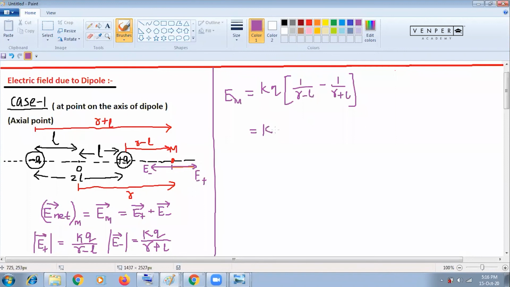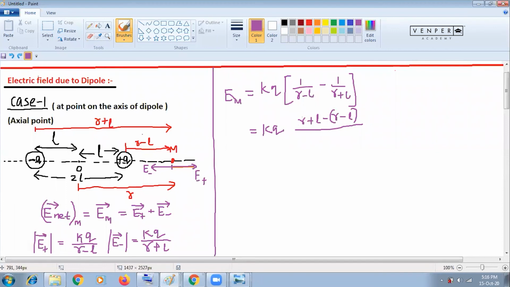It will become KQ, R plus L minus R plus R minus L, in brackets, then divided by R square minus L square, because R plus L into R minus L is basically R square minus L square.